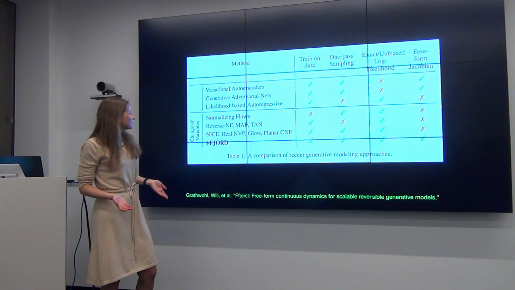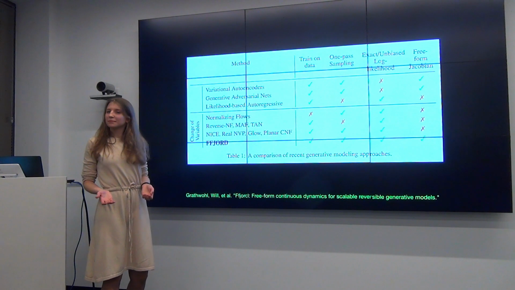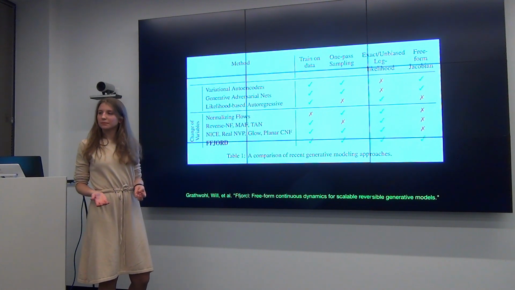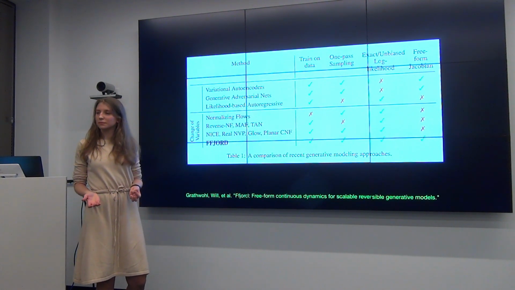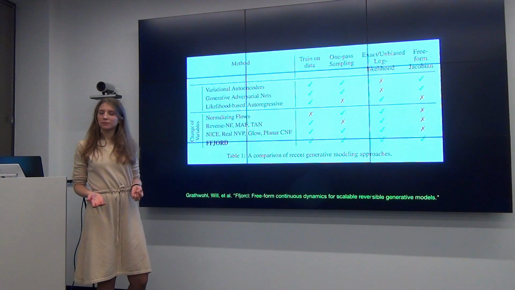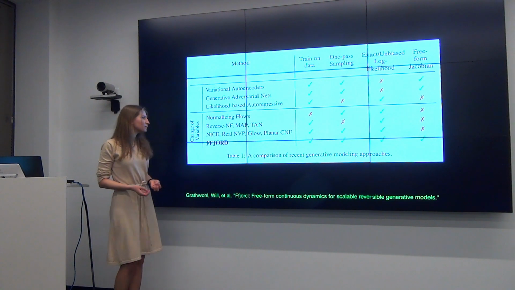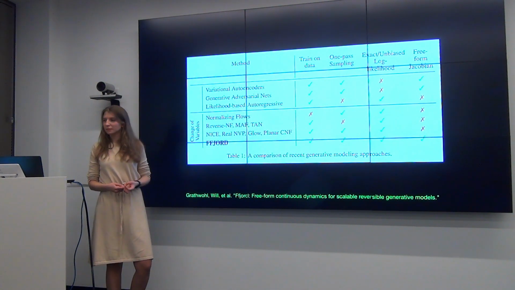In ordinary normalizing flows, we do not have a tractable inverse. We can just compute the log determinant while we do the forward pass. And Real NVP has a tractable inverse. You can do the forward pass and reverse pass easily.